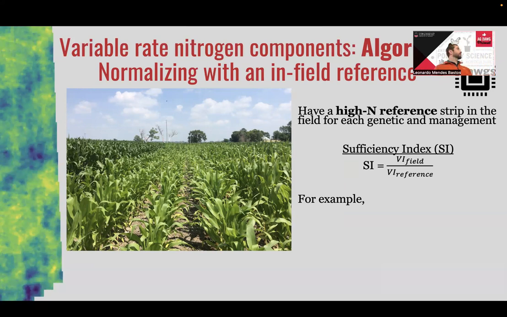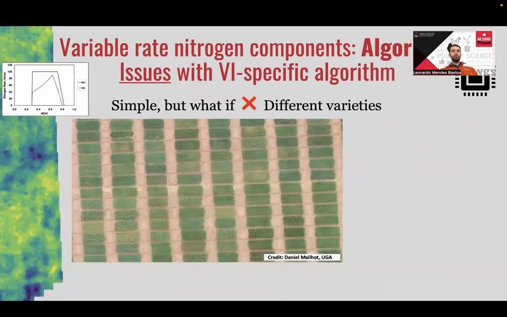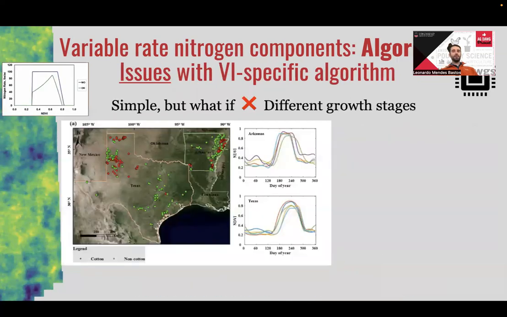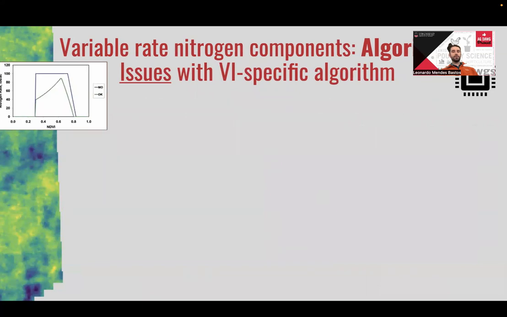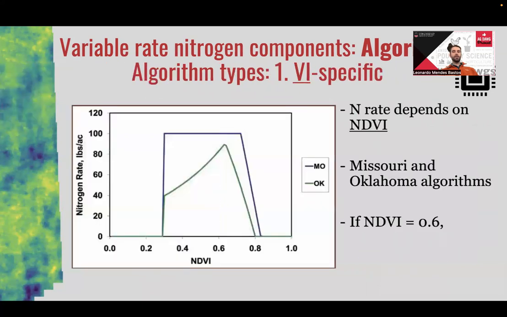So there are different limitations, but the ones that I brought in here were, let me just go back a few slides so we can quickly go through them again. If it is an algorithm that derived the relationship between a specific vegetation index and nitrogen rate, there are some limitations there, which is the case here, right?